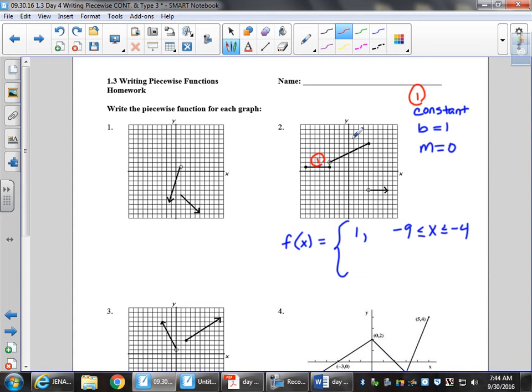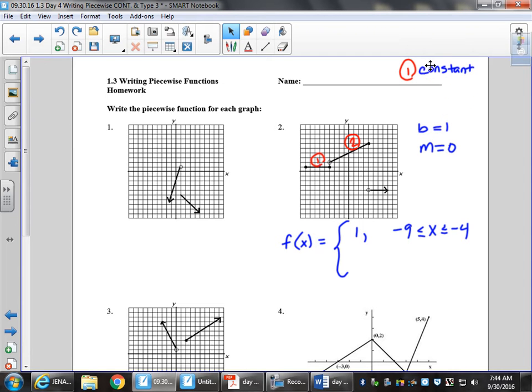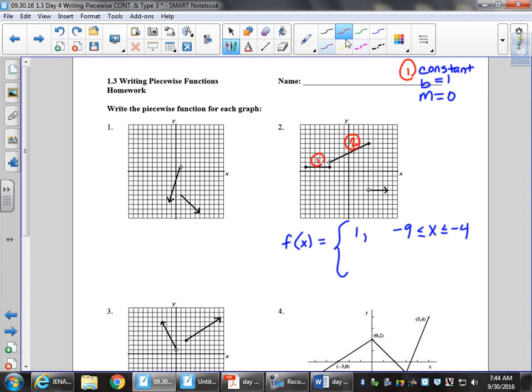Piece 2. Question? Just going to move this up a little bit. All right. Piece 2. What do we know about piece 2?